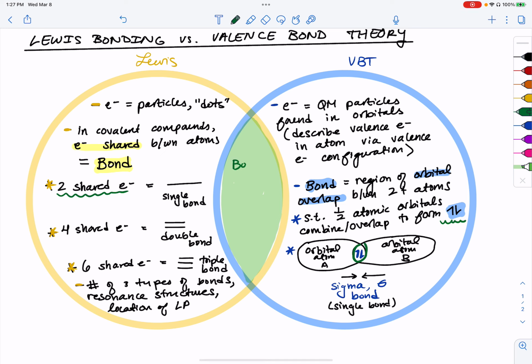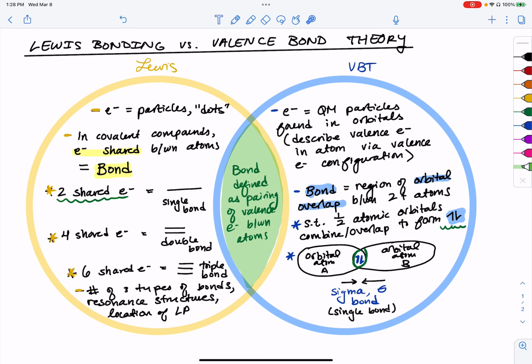So these both have a bond being defined as some kind of pairing of valence electrons between atoms. It's just in the Lewis model, that pairing was kind of taken for granted. Like we just said, oh yes, these things share, and we drew a straight line to show that sharing. And valence bond theory seeks to explain what the nature of that sharing is and where it comes from, namely orbital overlap.